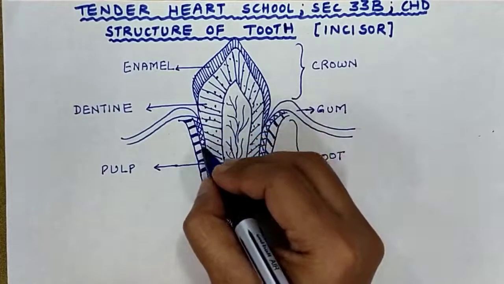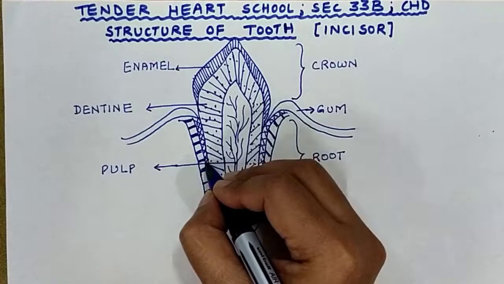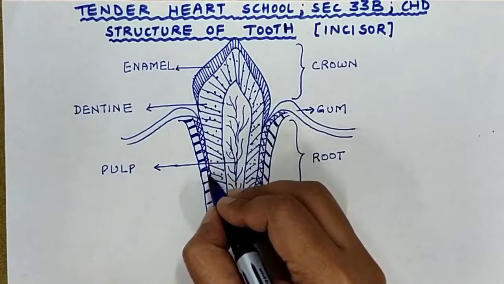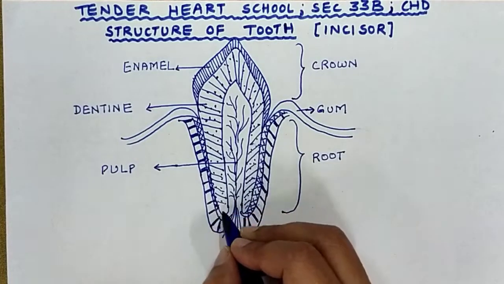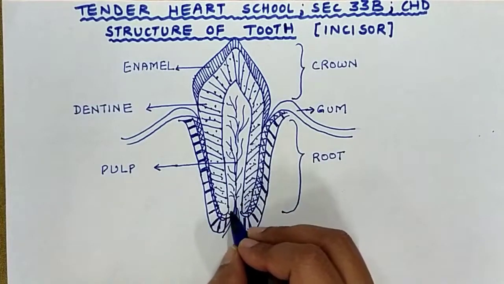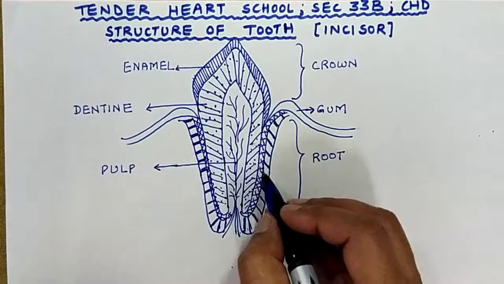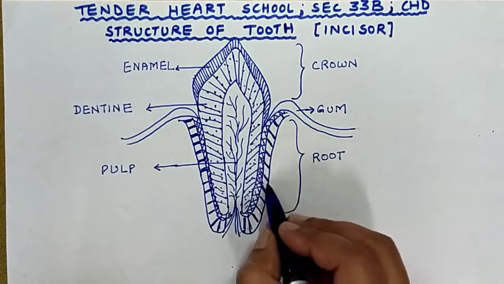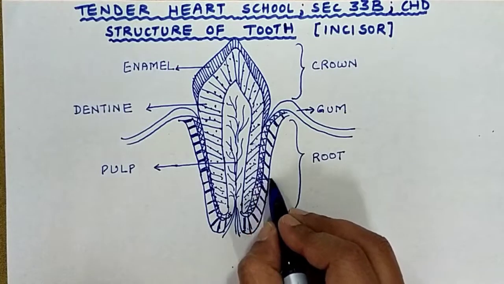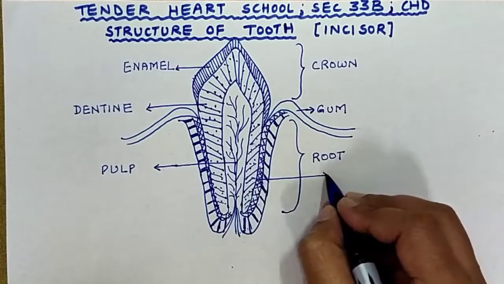The tooth is not moving, right? It is fixed in its position because of the presence of this structure which is called the cement. So this is the cement.